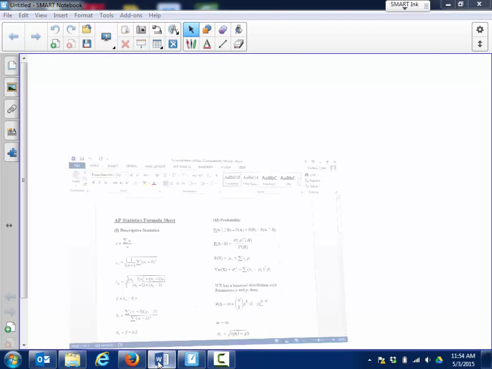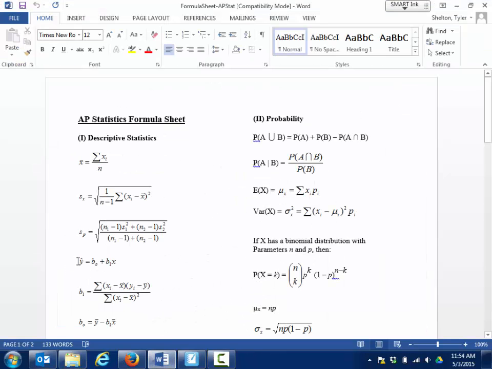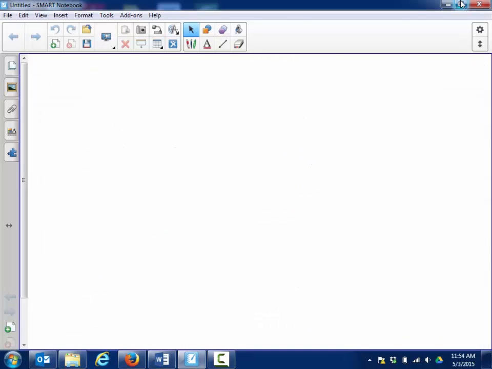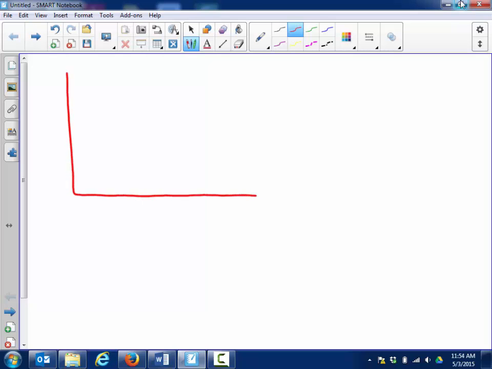All right, first thing we're actually going to look at is the y hat equals b naught plus b1x. Hopefully we can remember that. This comes from, or is used for, a scatter plot where you have met the conditions of linearity by looking at the r squared value in your residuals plot.